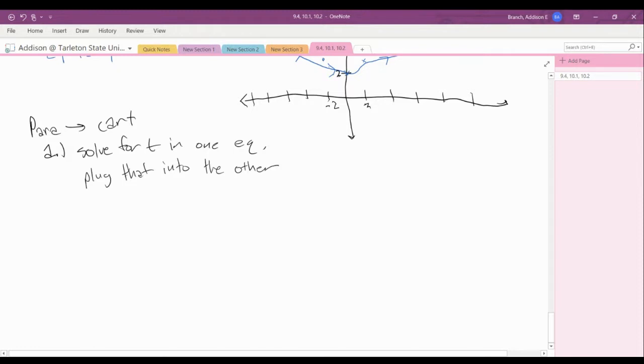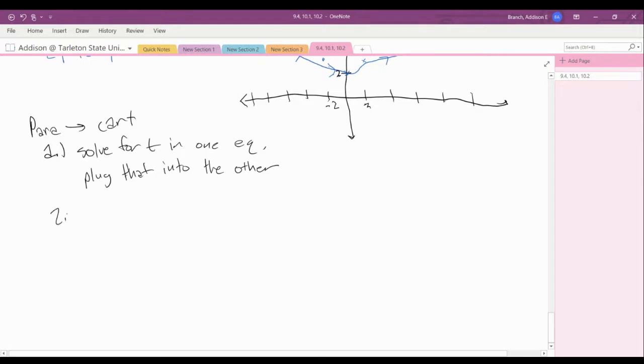So let's say you're given your x of t. You can solve for t in terms of x, and then plug that t of x into your y to get y equals f of x. This will make a bit more sense when we do an example.